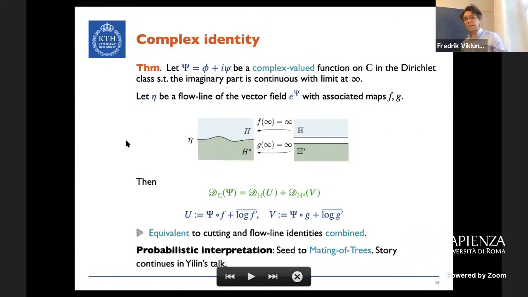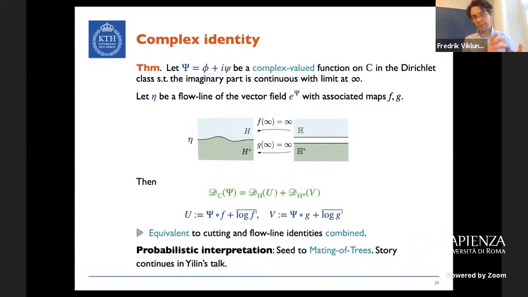Right, so the last result I want to present is the following. This was something that just came at the end of the paper as a corollary. So there's a way to express rather neatly, I think, these two.